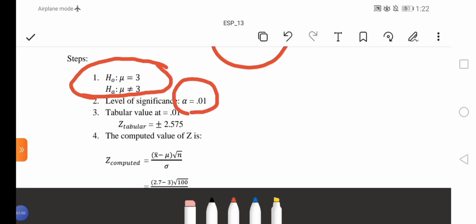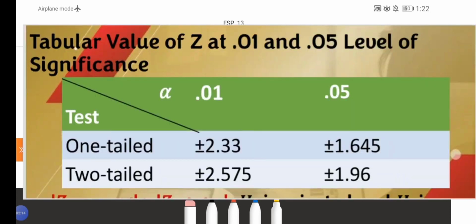So for the third step, find the value of Z and the tabular value of Z using the level of significance. So we have a table here, yung tabular value of Z. Since this example is a two-tailed test, sa two-tailed test tayo mag-focus under the 0.01 level of significance.